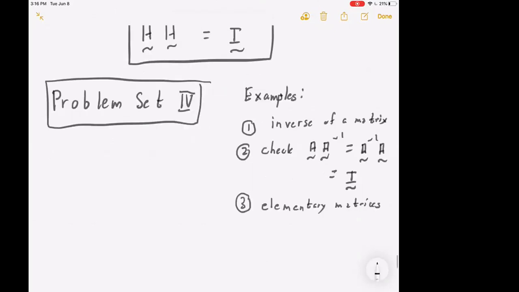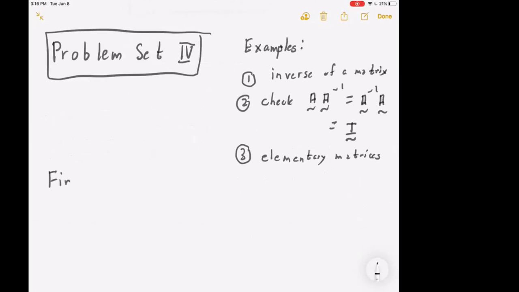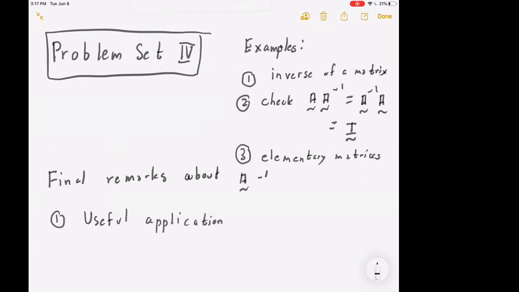Okay, so I want to make some final remarks about the inverse of a matrix. It's going to be a very useful thing, as we'll see later on, to solve systems of linear equations.